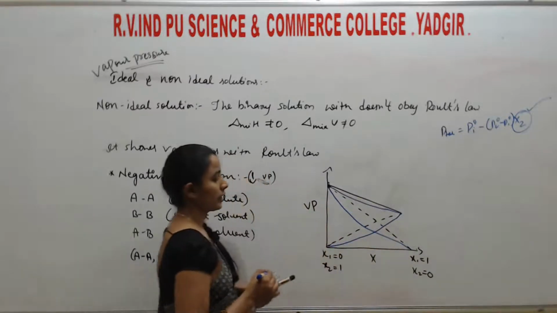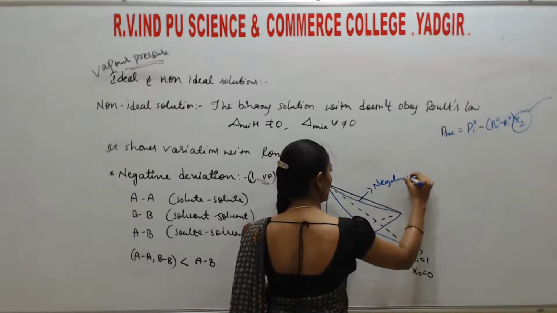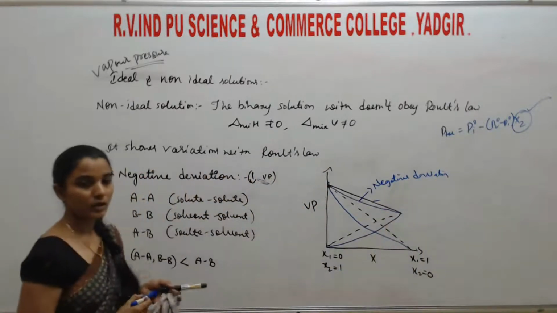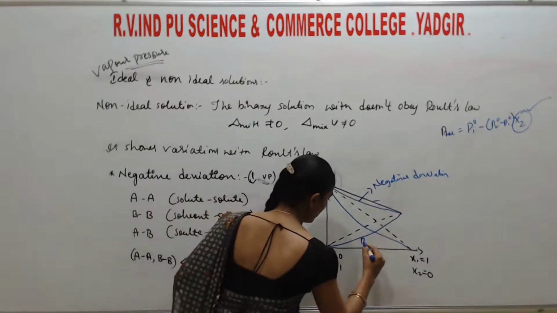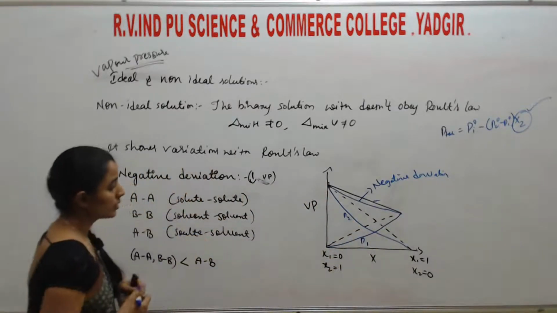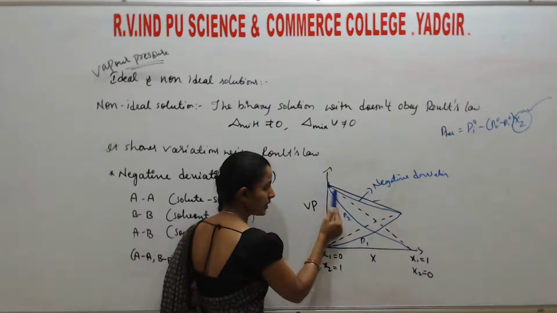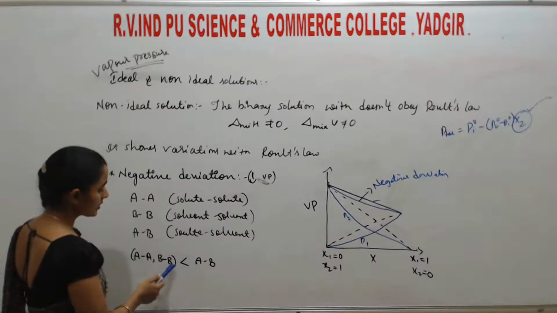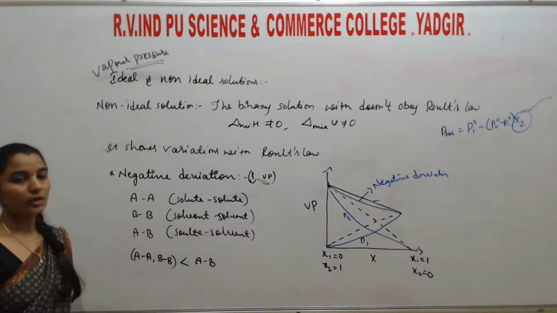So this is the graph showing negative deviation from Raoult's law. For a non-ideal solution, if the solute-solvent interaction is greater than solute-solute and solvent-solvent interaction, we expect this negative deviation. This is also important for 2 marks.